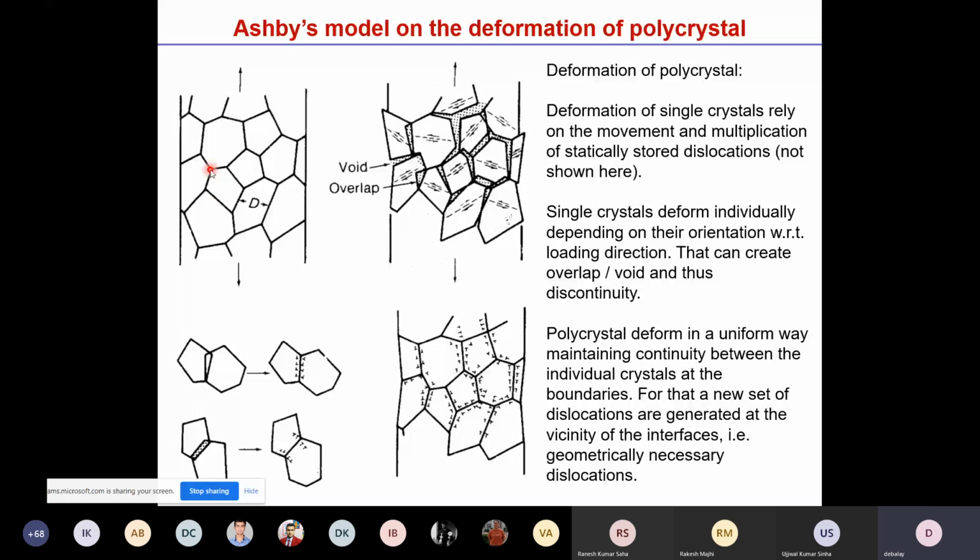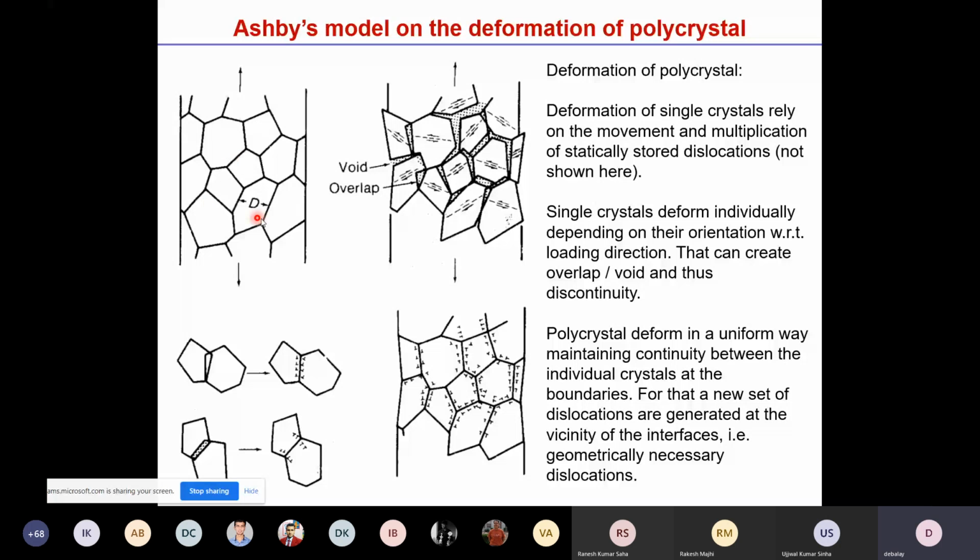You can consider them as grains, as we see on the section surface, where crystals intersect on the section. There you see grains and grain boundaries. Grains are nothing but the section of crystals on the plane on which you are seeing, the metallographic plane. Say D is your grain size.